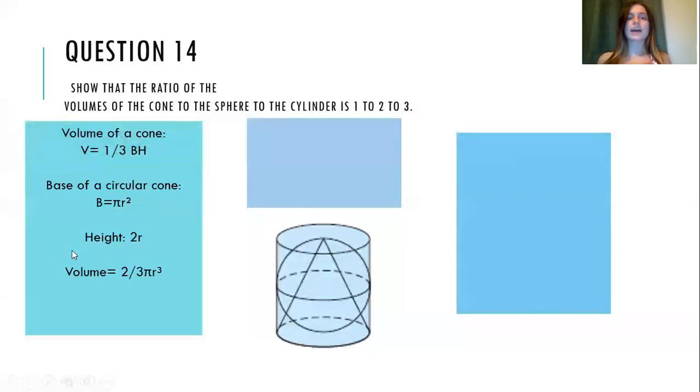And we know that our height is 2r, so if we plug that in, we get our new formula, 2 over 3 pi radius cubed.